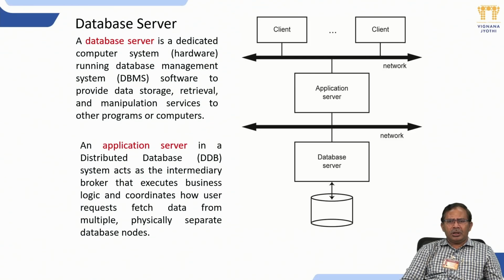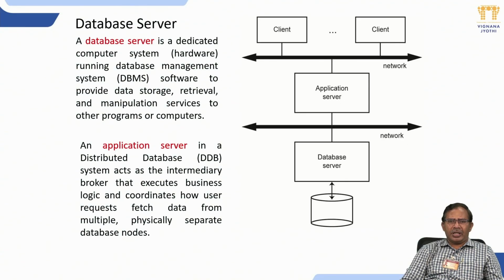In the client server architecture, the client is on the top role, the application server in the middle layer, and the database server in the bottom layer. Here the database server plays the important role in providing the facility required.